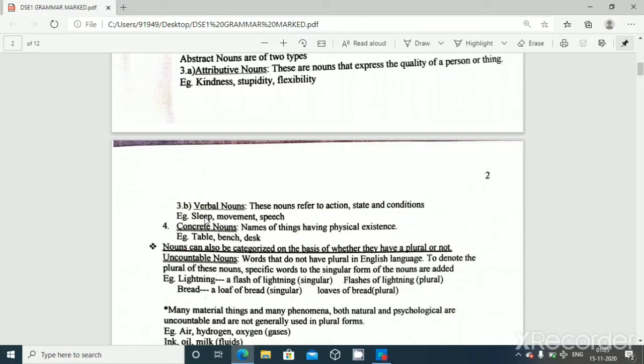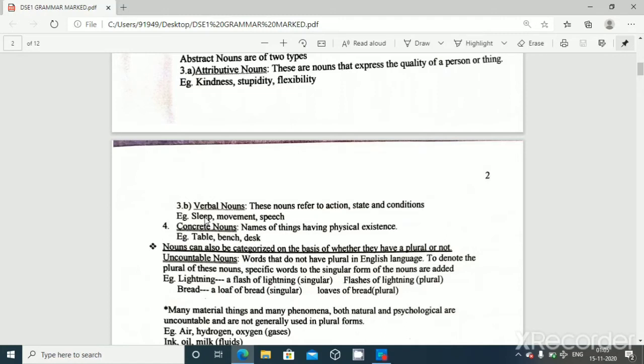Movement. As a noun, if you have to talk, again a person or a thing or an animal has to move. Speech. Speaking as an action has to be already there for speech to be the speech as a noun.